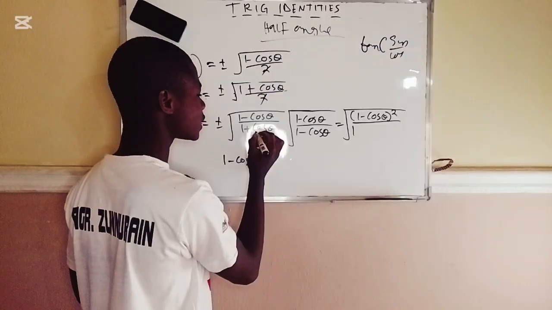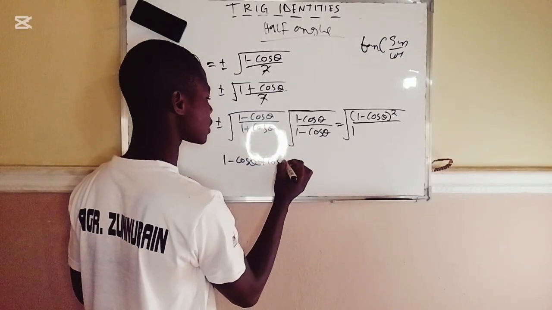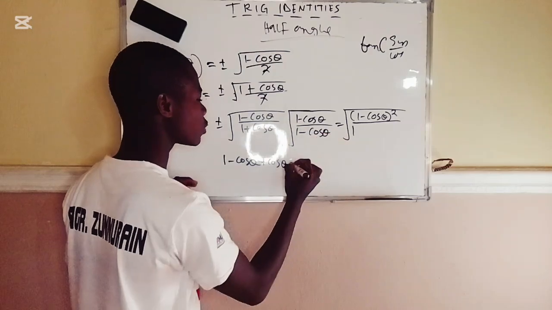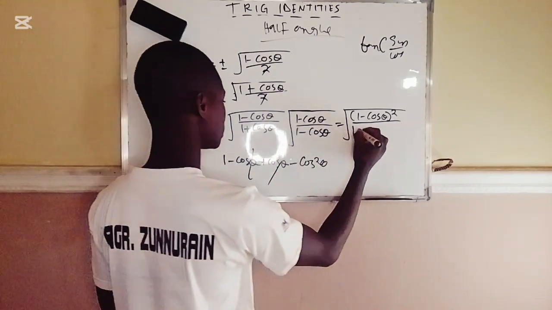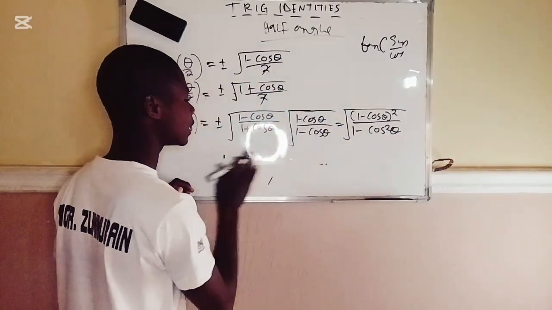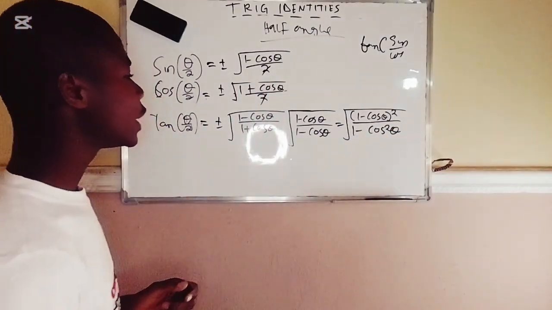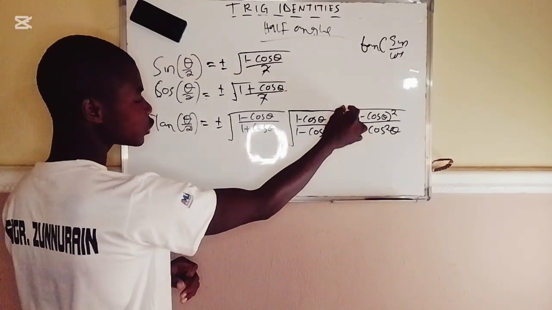Cos theta multiplied by 1 gives plus cos theta. Cos theta multiplied by negative cos theta gives negative cos square theta. This will cancel, and it will give me 1 minus cos square theta.